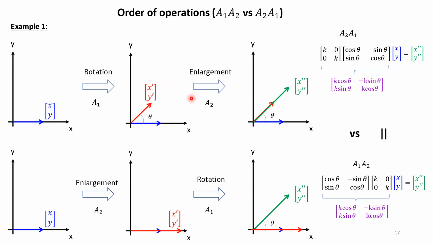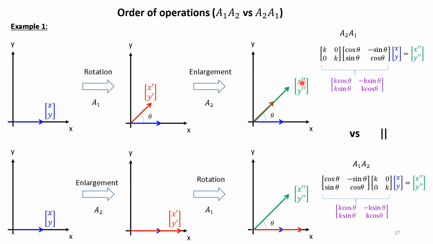And if I switch the order, so I do the scaling first and then the rotation, you can see that in this example the order doesn't matter. The two orders give you the same final green vector. Mathematically, that's because A2 A1, which is this matrix, is equal to A1 A2, which is this matrix.